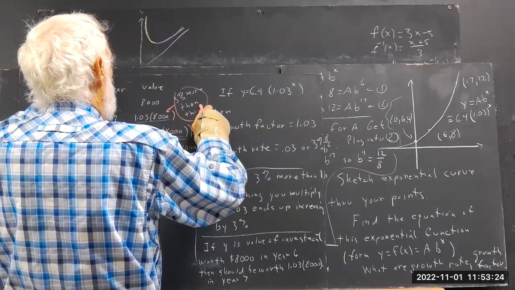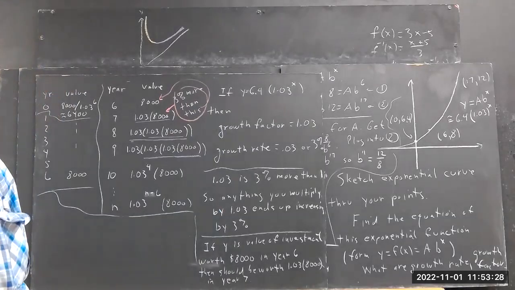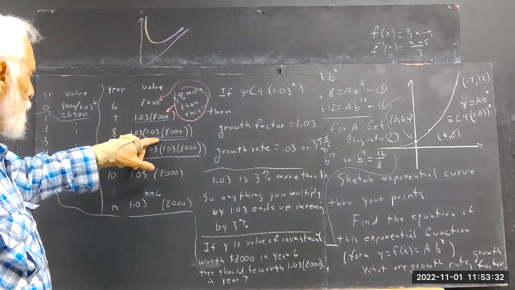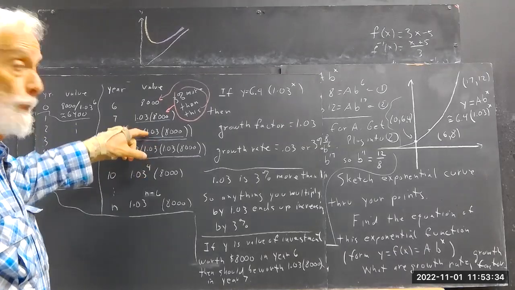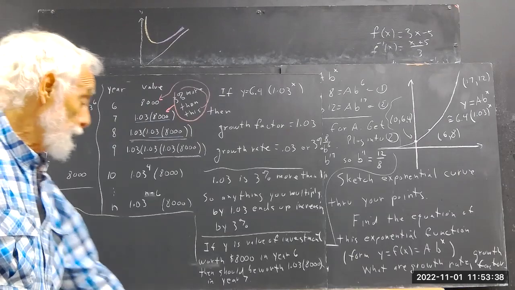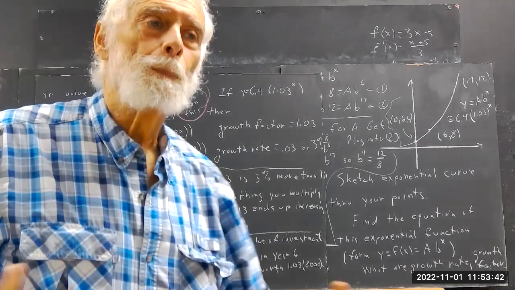This is 3% more than this. Can't get my arrows to go right. But then this is 3% more than this, is 3% more than this, and so forth. That's how compound interest works. That's how exponential growth works.